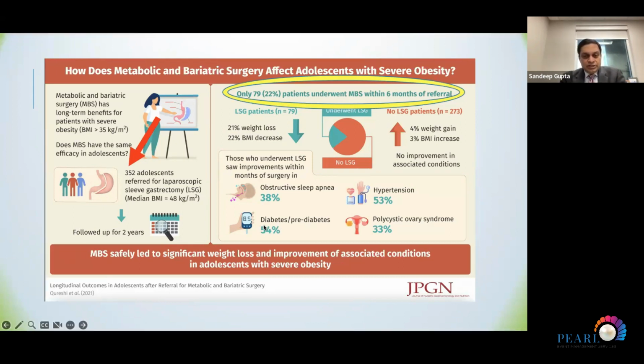And those who underwent surgery had improvement, as we would expect, in their sleep apnea and diabetes and hypertension and their metabolic profile. However, I think the bigger message in this paper is that 3/4 of the patients, 273, the vast majority, did not go through the surgical procedure.